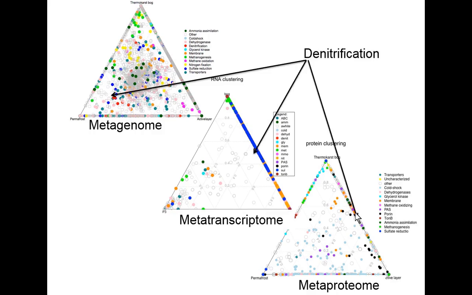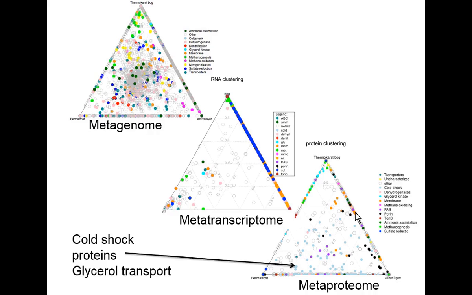Denitrification was found in the bog and active layer, but it was also present in the permafrost metagenome. And in permafrost I could find a lot of cold shock proteins and different genes for glycerol transport, something that would help them to survive in these frozen conditions.